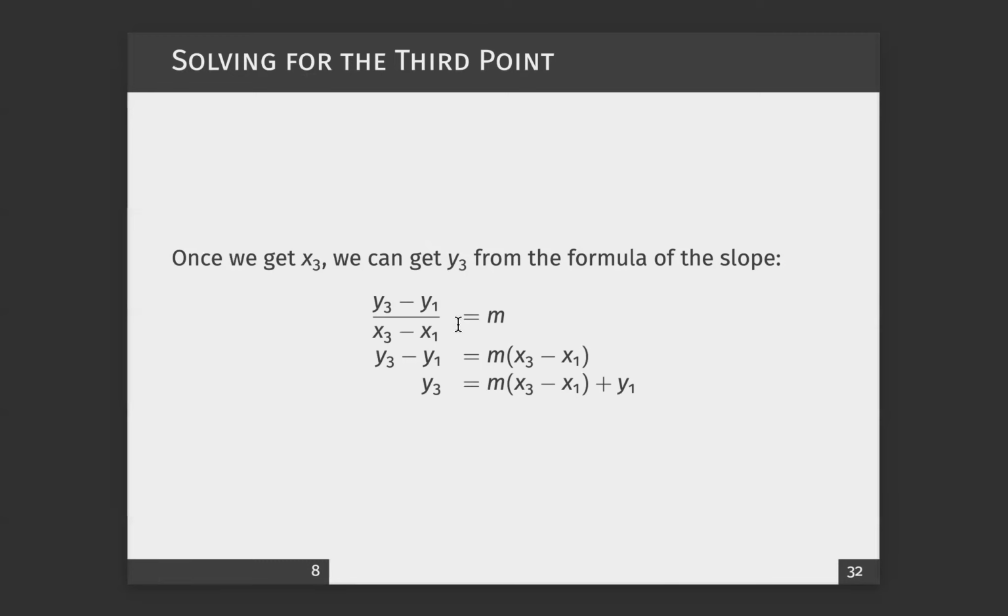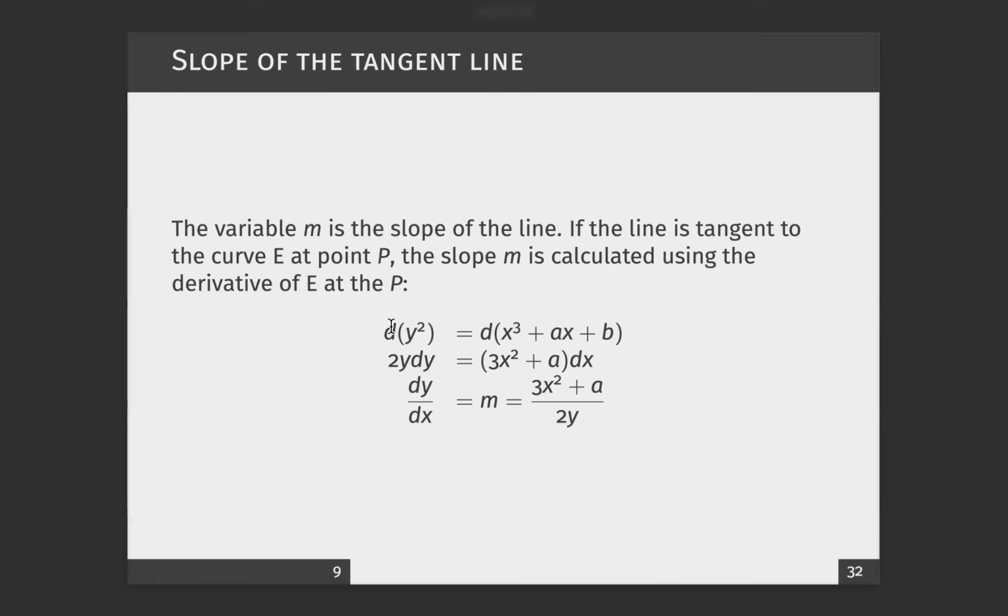But if it's tangent to the curve, then you can use your differential calculus to derive the formula. And so dy/dx here, which is the slope, is just equal to the derivative of the elliptic curve, which is 3x squared plus a over 2y.